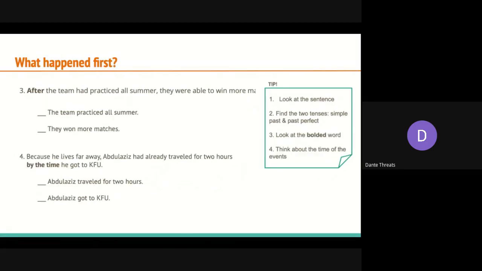All right. Now I want you to take a minute and look at these two sentences. And remember, look at the sentence first. Find the two tenses, simple past and past perfect. Three, look at the bolded word. And then four, think about the time of the events.